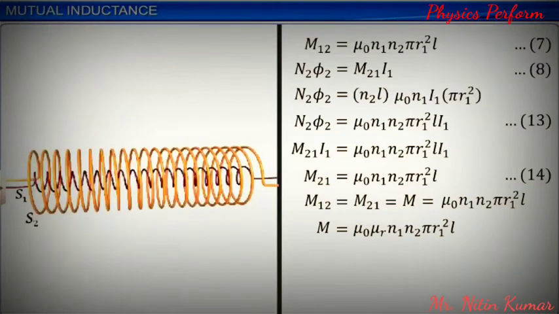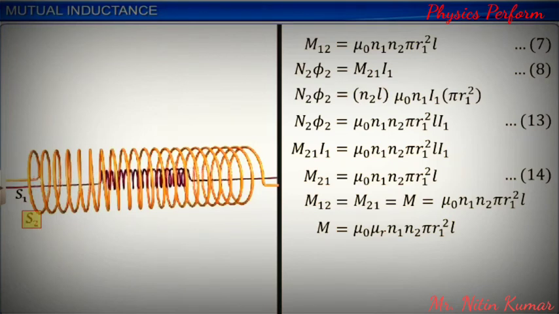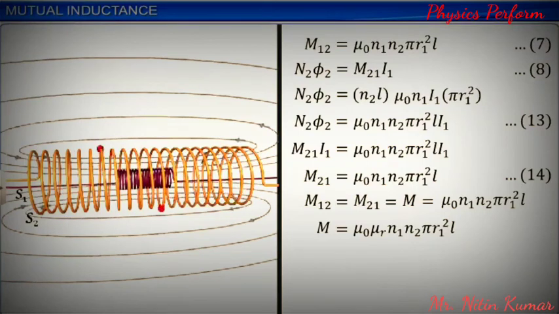Even though the inner solenoid S1 is much smaller than the outer solenoid S2, calculation of flux linkage with inner solenoid is possible as it is effectively immersed in the uniform magnetic field due to the current through the outer solenoid. Thus, calculation of mutual inductance M12 is easy.